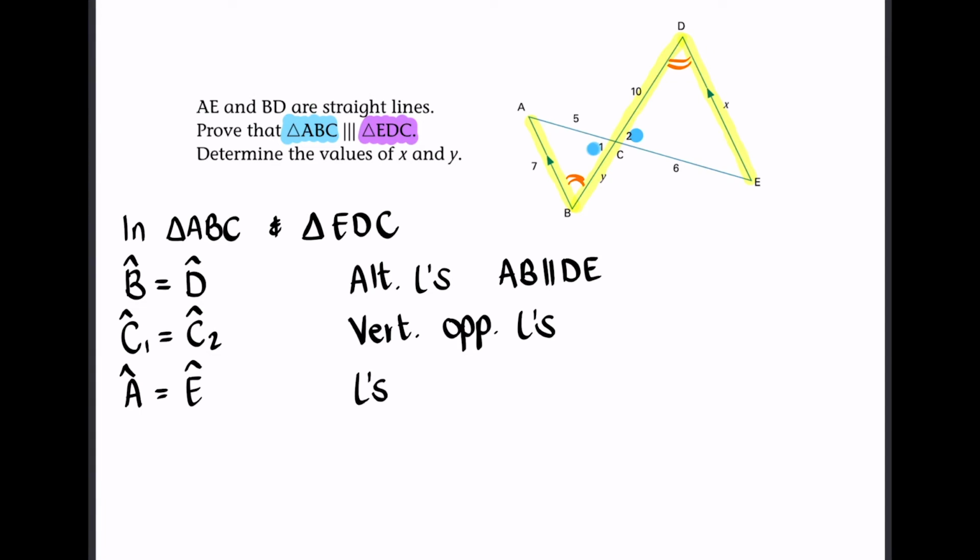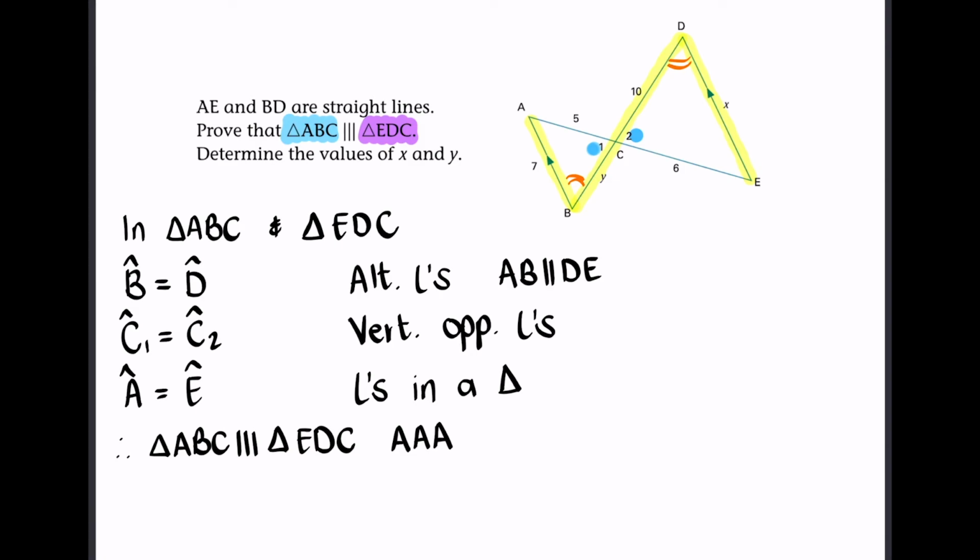Alternatively, it's my third angle, so I could just say angles in a triangle. So therefore, I have three statements, three reasons, so I can conclude that triangle ABC is similar to triangle EDC. Don't forget to state your condition of similarity, which is angle, angle, angle.